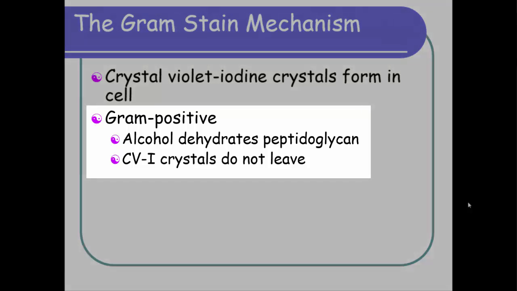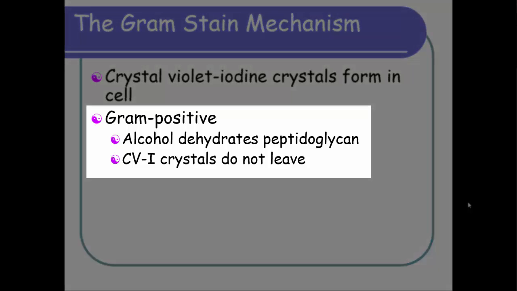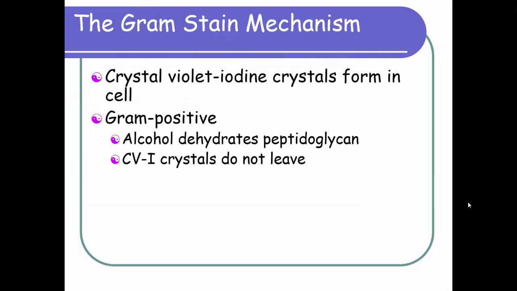When gram-positive bacteria undergo the decolorizing wash, the alcohol within the wash dehydrates the peptidoglycan, forming a complete sealed barrier. Therefore, the crystal violet iodine crystals cannot leave the cells, and the cell will retain the crystal violet or purple color.